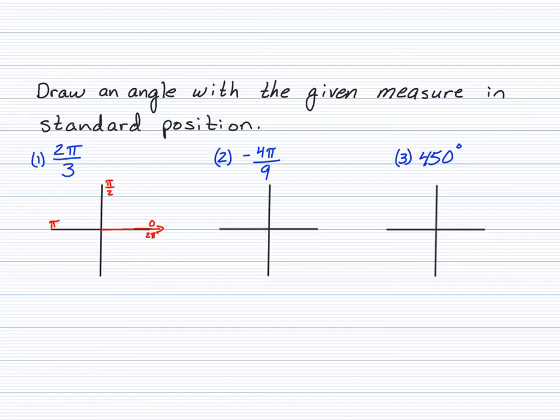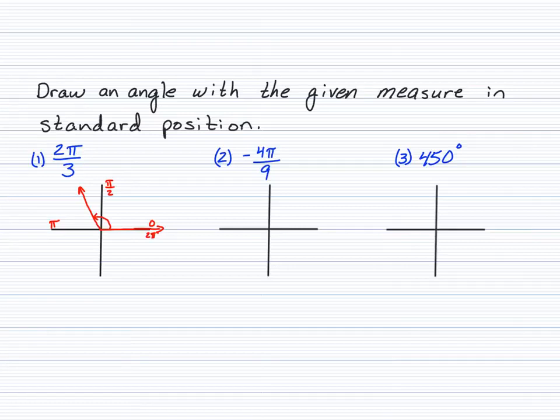And so what we want to do is think about where 2/3 pi is in relationship to these measures. Well, 2/3 falls between a half and 1. And so 2 pi over 3 radians will be about right here. Okay, and so the angle we are looking at, from here to here, is 2 pi over 3 radians.